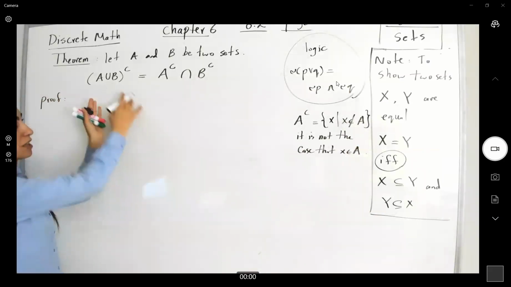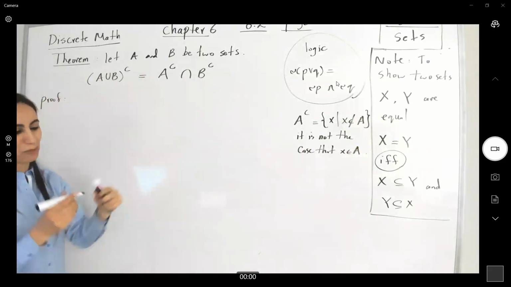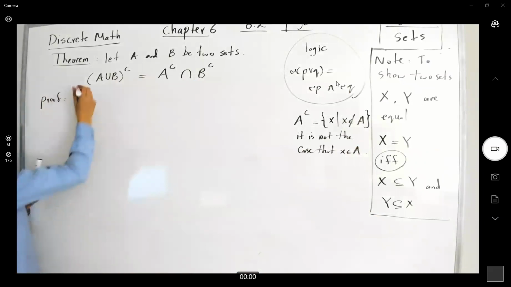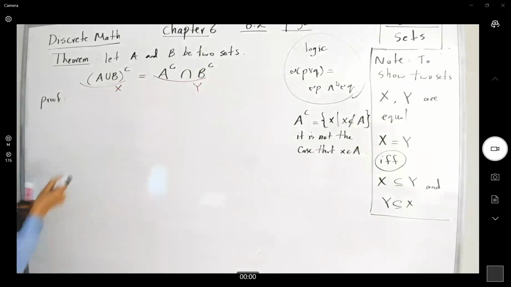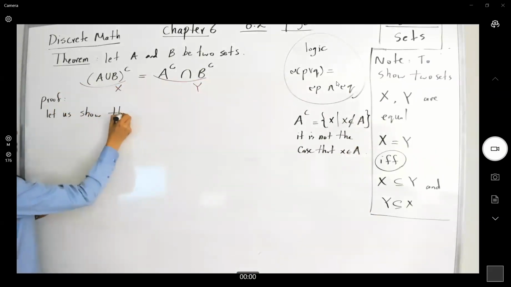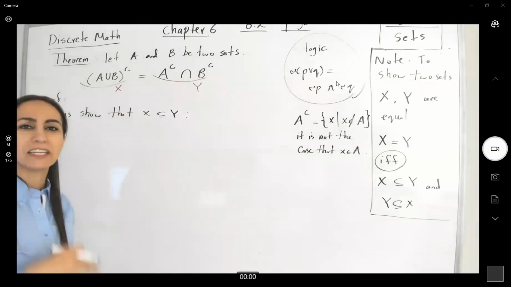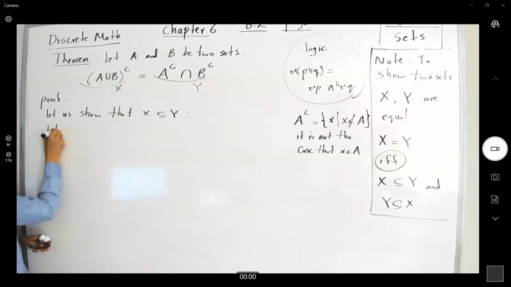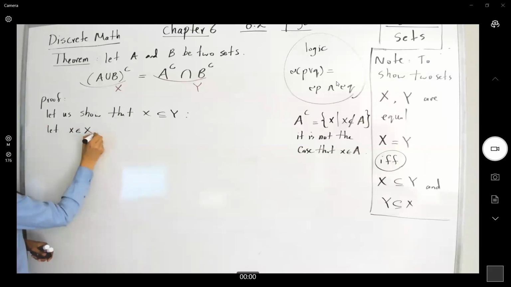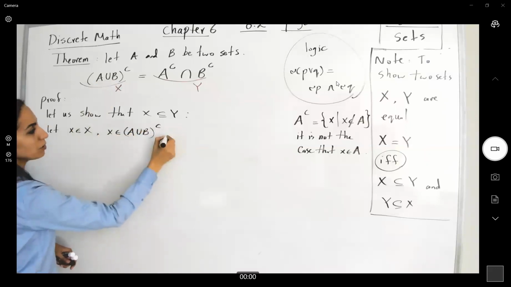You have X, you have Y. You need to show that X is a subset of Y and Y is a subset of X. So let us show that X is a subset of Y. It means that any random element in X belongs to Y. So let X belong to X, or X belongs to A union B complement.